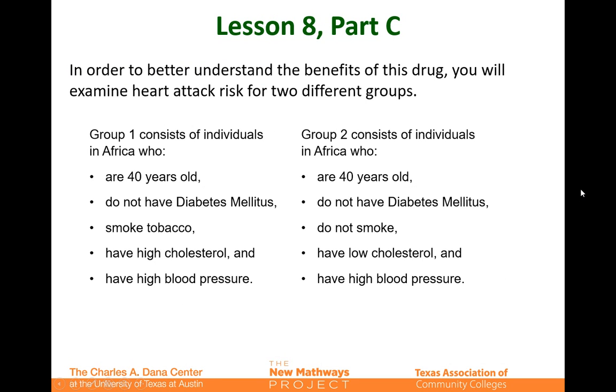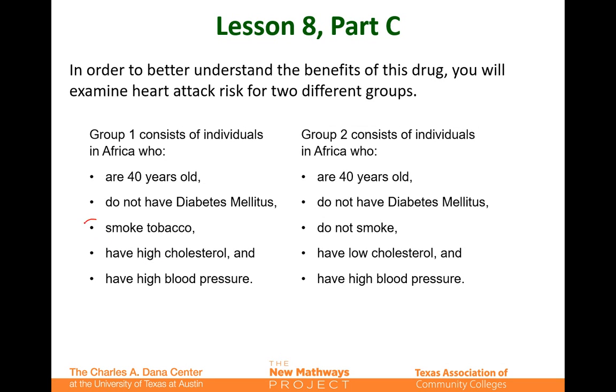All right, let's look at these two groups. In order to understand the benefit of this drug, you will examine heart attack risk for two different groups. Group 1 consists of individuals in Africa who are 40 years old. They do not have diabetes, but they do smoke tobacco, they have high cholesterol, and they have high blood pressure.